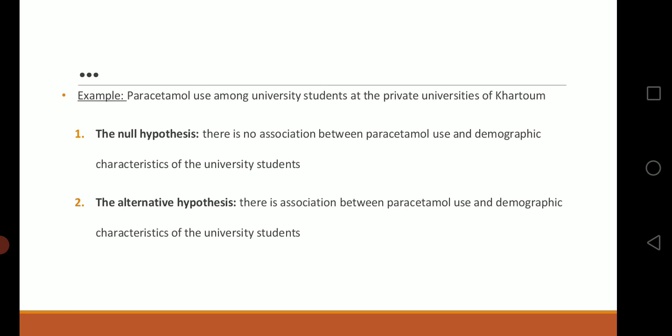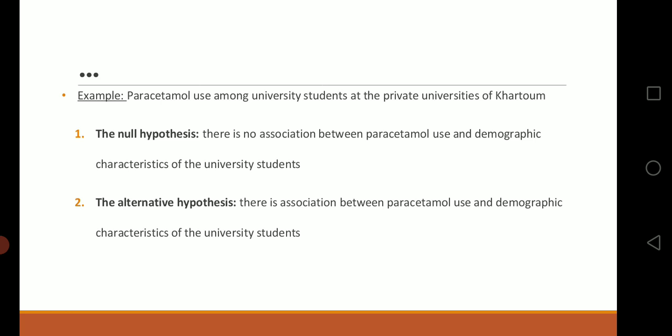There is no association or difference between the frequency of use and gender and so on. And the alternative hypothesis, as we said, is the opposite of the null hypothesis and it's always the objective that we are seeking, that there is an association or there is a difference. In this case there is an association between paracetamol use and the demographic characteristics of the university students.